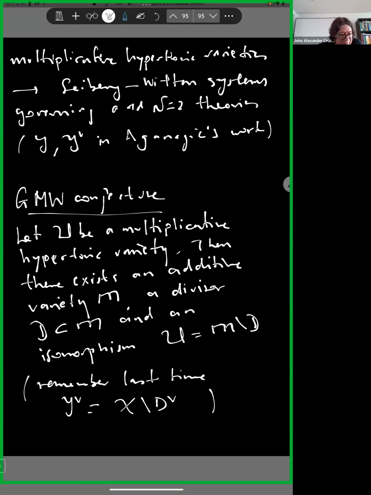The way we constructed the mirror of X used an instance of this conjecture, which can be put in a more general setting. And in fact we can do it in general.